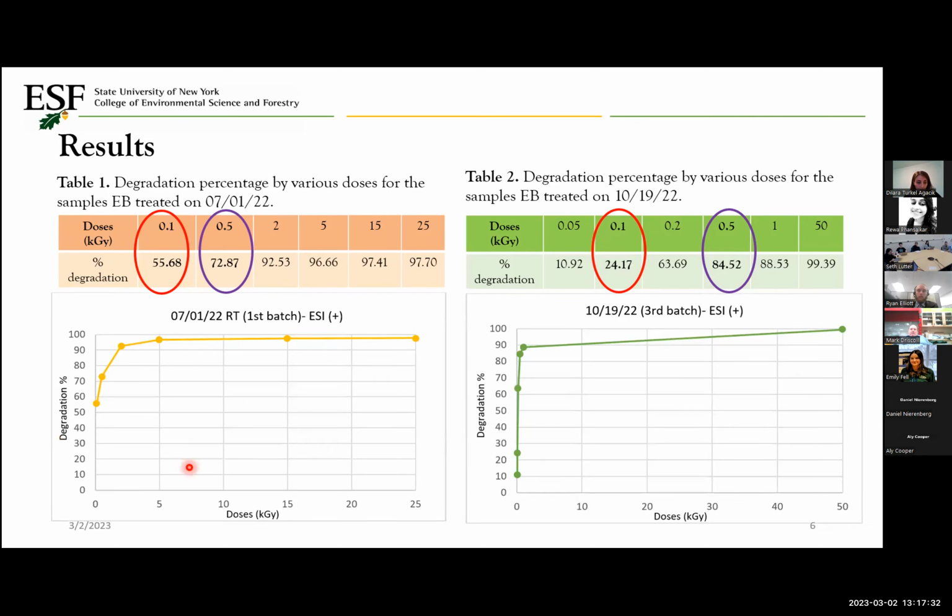Here you can also see the graphs showing the degradation percentage versus different doses. In this part you can see the graph is very steep, but this is just because we added 50 kilogray as the highest dose. So yeah, there were some differences in the degradation percentage for both batches.